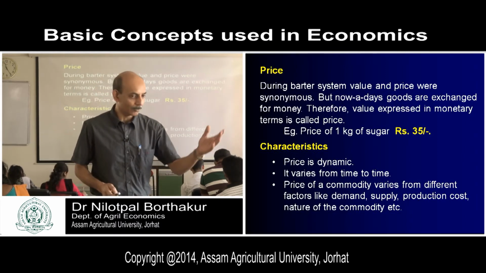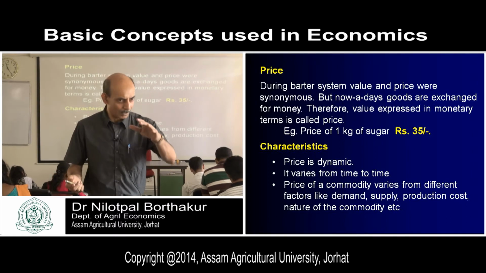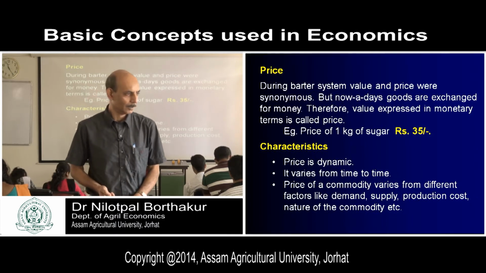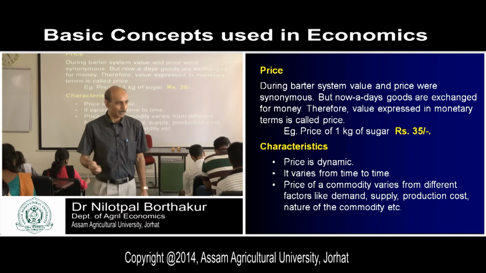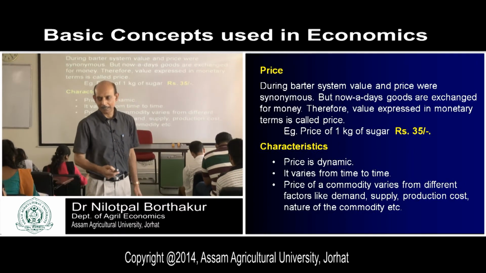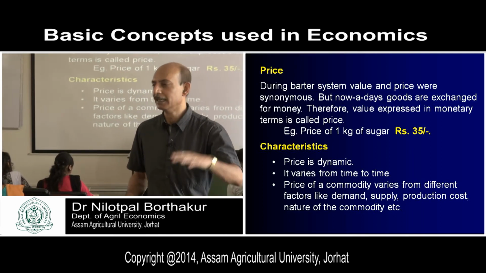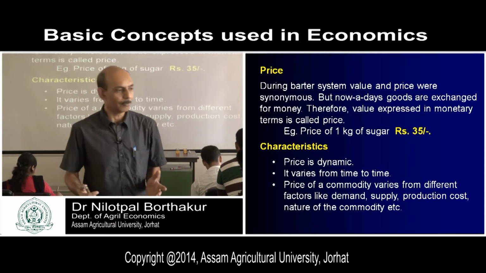For outdated dresses, there are no buyers, so ultimately sellers will have to reduce the price. Price comes down. Onion is in shortage presently in the market, so the sellers, taking advantage of this, increase the price. Price is going up. So it is affected by a variety of factors.